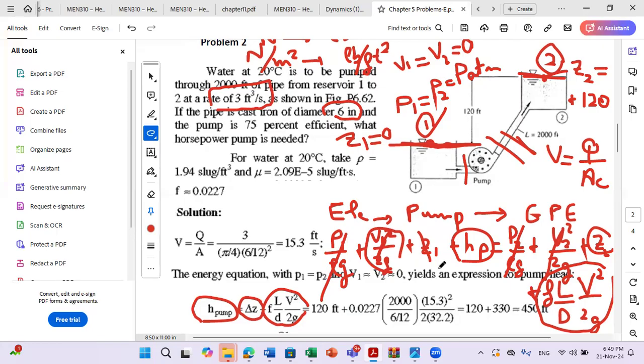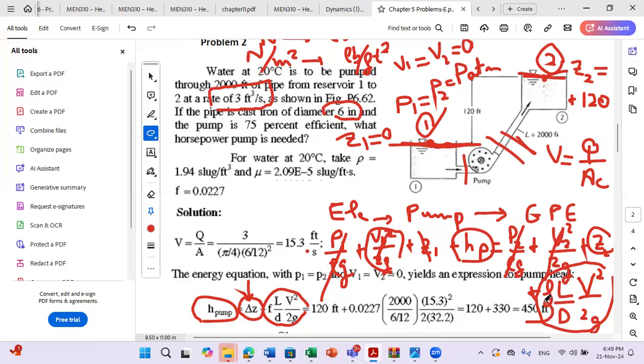So now, after doing this, we just have to replace. We have delta Z, an elevation of 120 feet, and the friction factor is given. We calculated the velocity from the flow rate, so we can calculate the pump head.